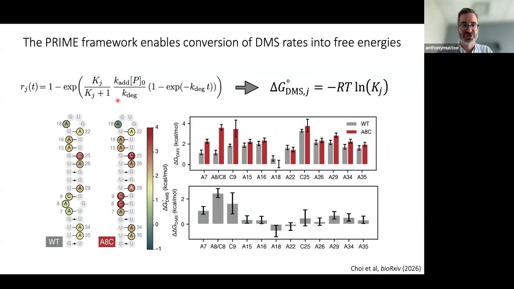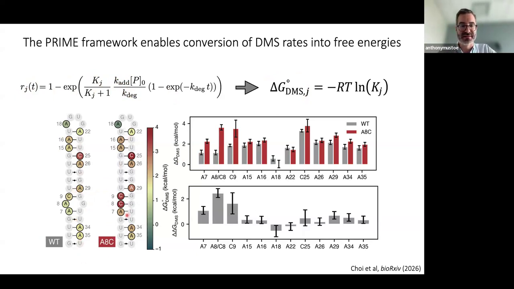And again, I'm really butchering this because I'm flying through it, but we can take now our knowledge of this K-add rate, knowledge of this K-deg rate, which we can directly extract from the experiments, to now relate the reactivity of a nucleotide to this inherent equilibrium constant, and then from that turn that into a delta G. That is basically the delta G of a base pair opening or closing in this simplified construct here, which is this 4U thermometer.